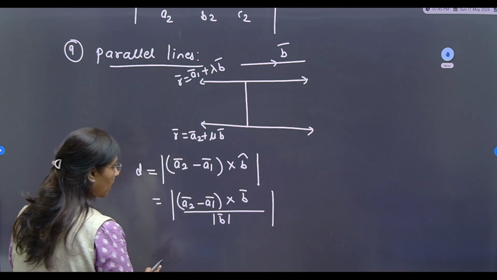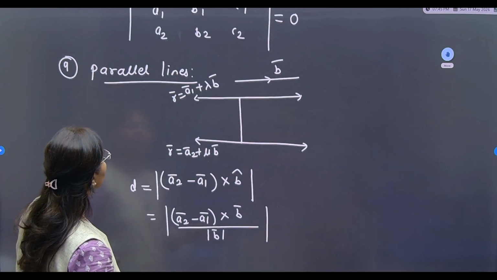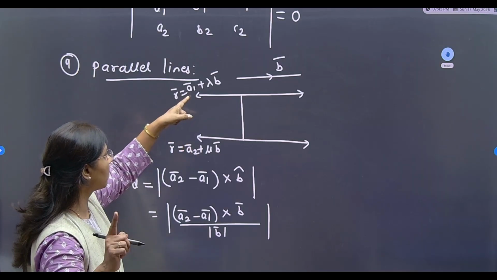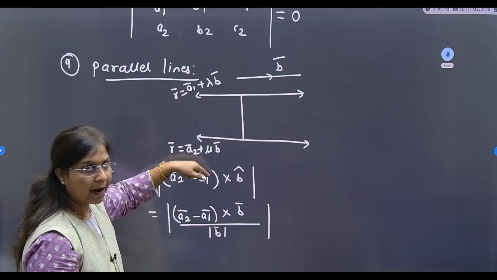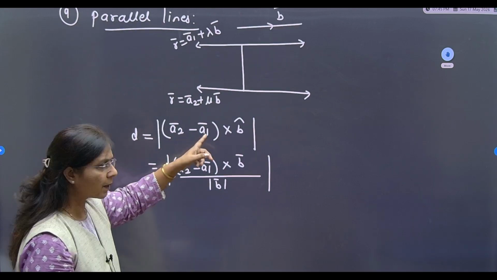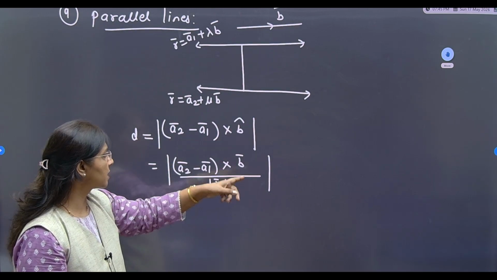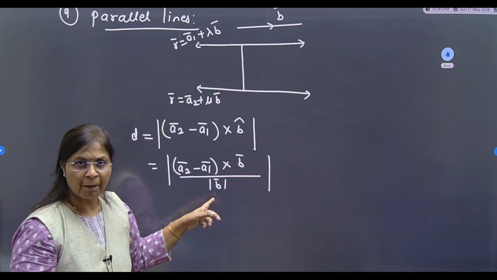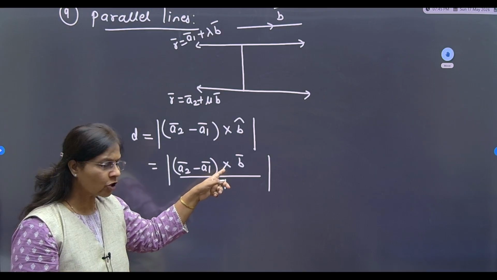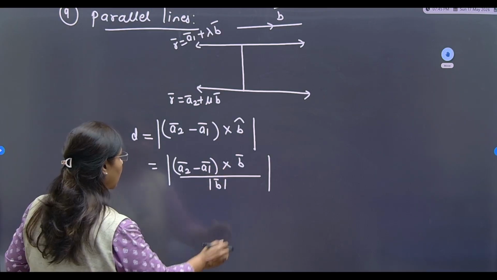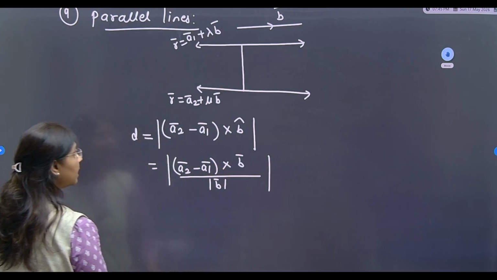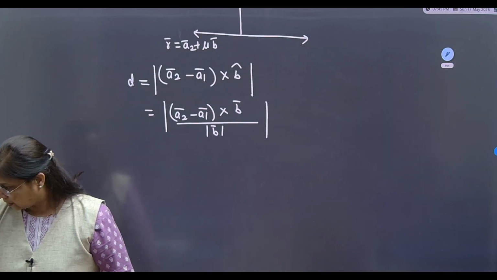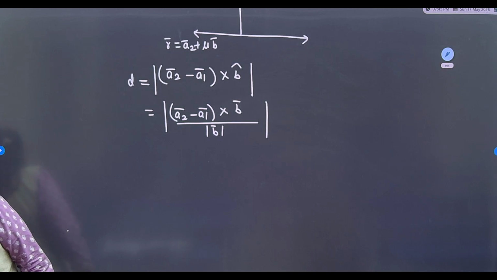The steps are: first, by comparing the given equations with the theoretical form, find a1 bar, a2 bar, b bar. Next, find a2 bar minus a1 bar. Then find b bar from the given equation and its magnitude, take the cross product, and then we get the shortest distance value. Then the shortest distance part is completed.